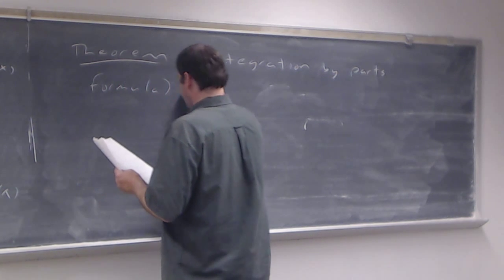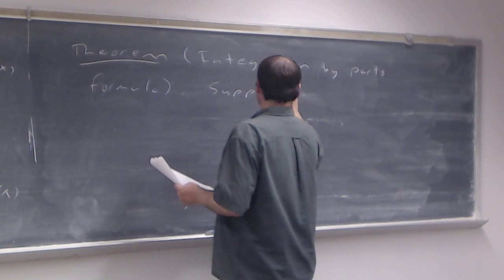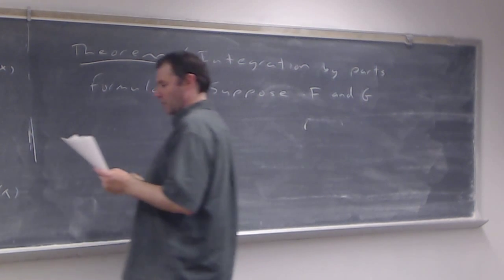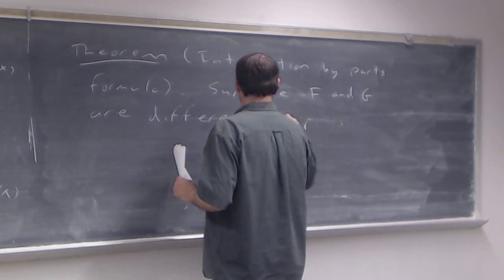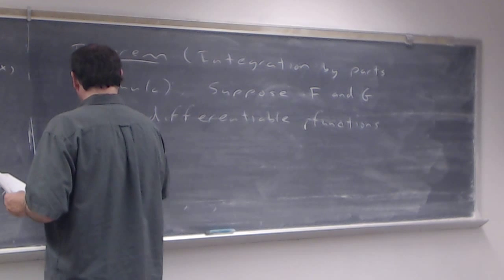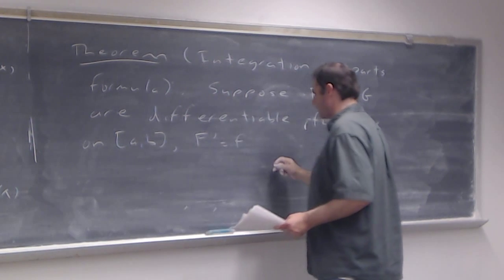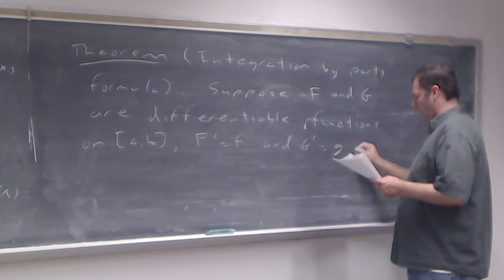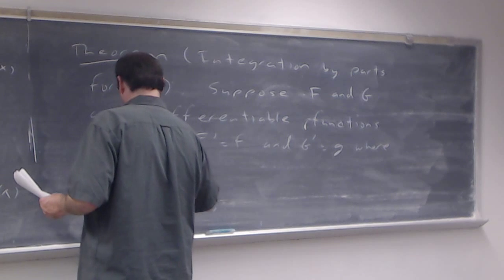Here it says, suppose big F and big G are differentiable functions on A to B. Big F prime is equal to a function called little f, and big G prime is equal to a function called little g, where little f and little g are Riemann integrable.